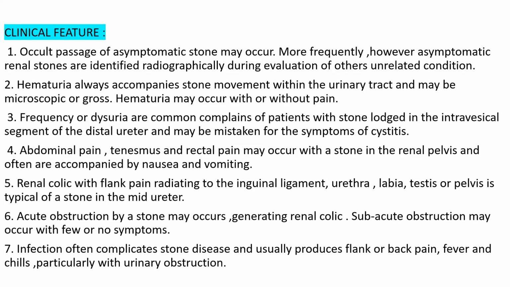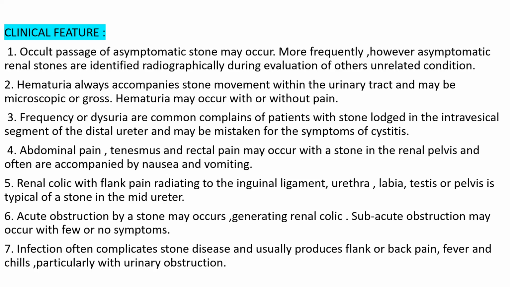This is clinical feature number 6. It's not that important. You can simply write that there will be decreased urine flow because of obstruction. Are you clear with point 6? Yes, ma'am.